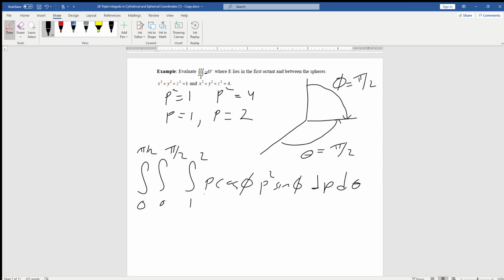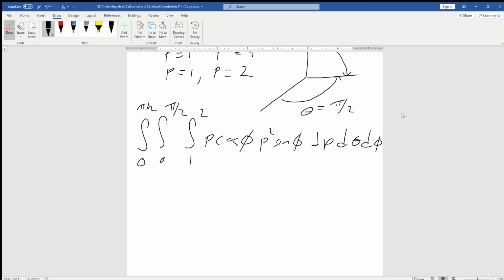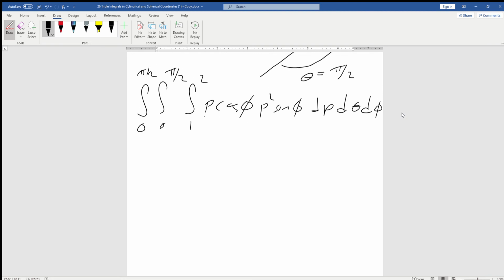In this case, it doesn't matter because theta and phi both have the same terminals. The good news is that all the bounds are constants, so we don't necessarily have to worry about doing one in any particular order. All right, so let's just rearrange this. We're going to have 0 to pi halves.